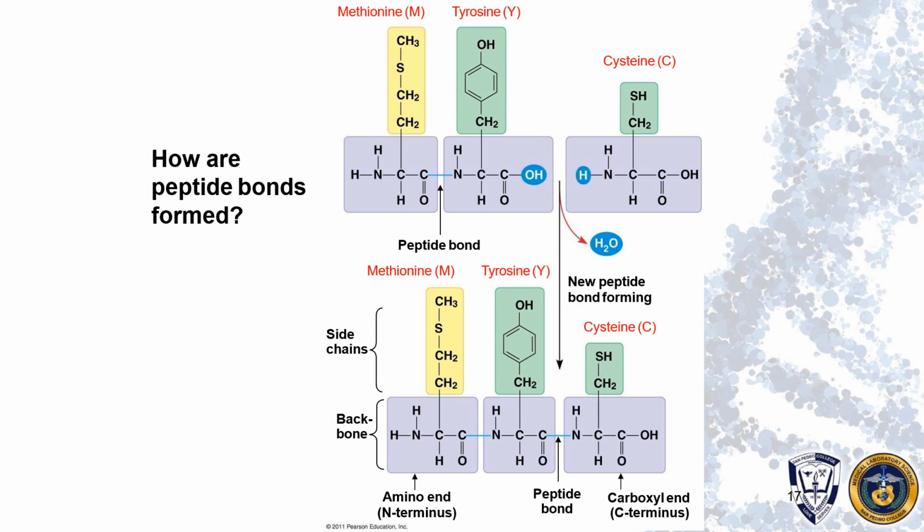As it keeps on binding and extracting water molecules, the amino group keeps attaching to the carboxyl group, and we will now have a linear sequence, which is the primary structure of our protein.